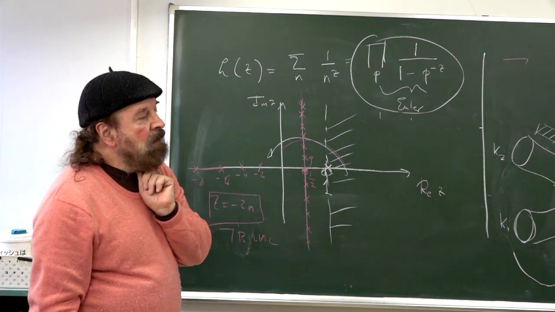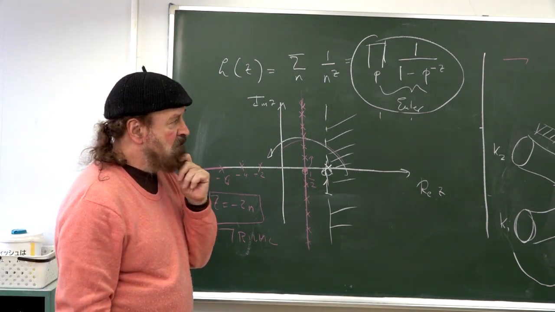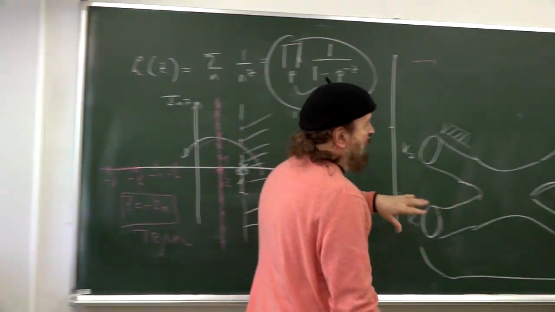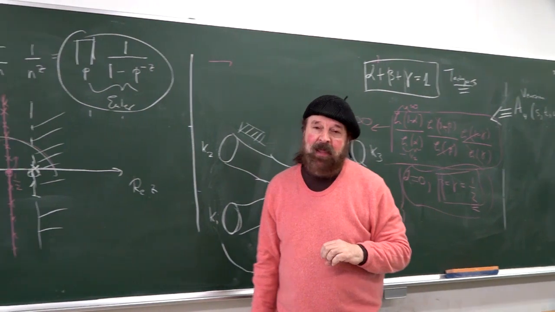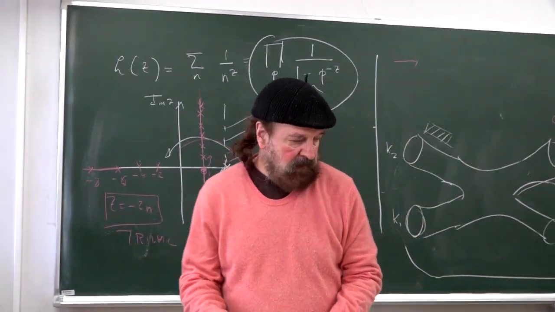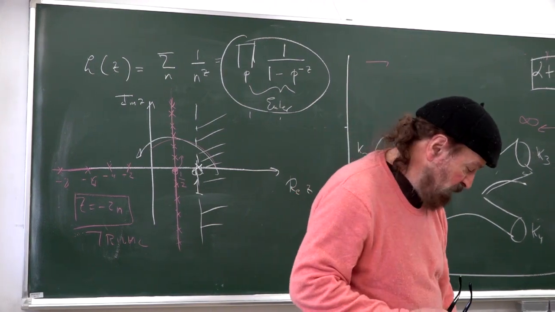So this is where the notion of off-shell analytical continuation occurs. I'm going to perform an analytic continuation of these variables to the complex plane, and this is where the notion of off-shell tachyons comes into the picture.